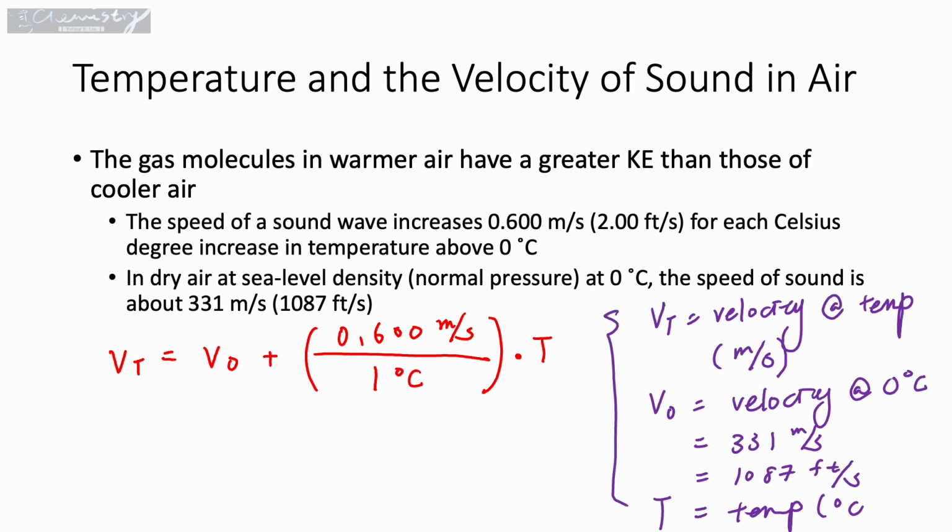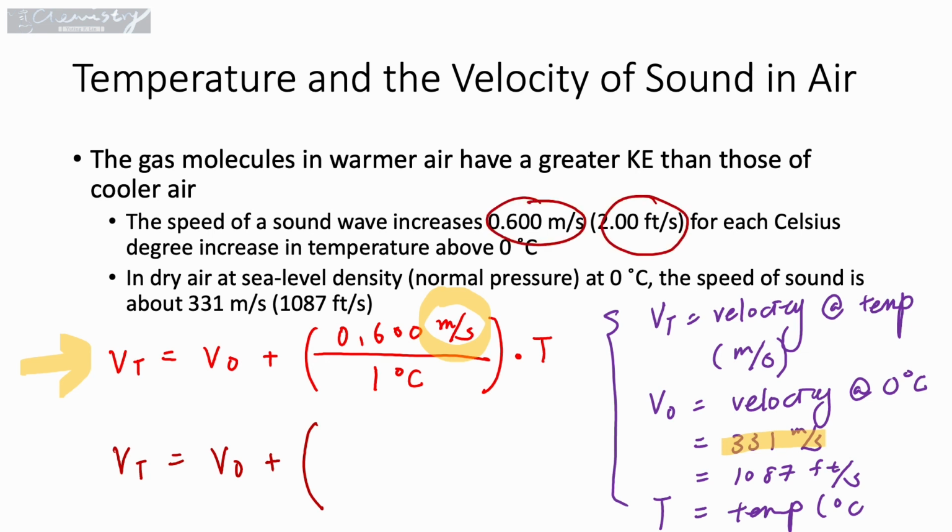In this particular version of the equation, the units are meters per second, so the V0 should be this one. We can also write the same equation in terms of feet. So it is Vt equals V naught, which is the same thing, and instead of 0.6 meters per second, we're going to use 2.00 feet per second over 1 degree Celsius multiplied by T. In this case, we are in feet per second, so the V naught will be 1087 instead of 331.